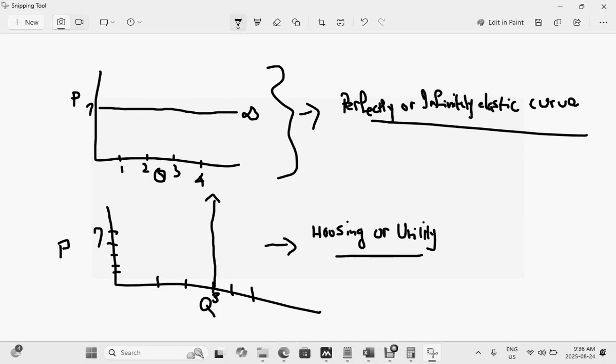The price may keep on changing, but because people need a place to live and people need electricity, the demand does not change. Now, it may not be true in certain areas or locations. It may not be true in certain countries. However, it may be true in other countries.